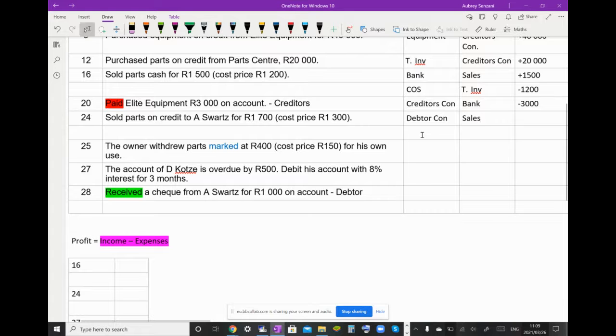And then we also said trading inventory is decreasing. So again, are we going to debit trading inventory or credit trading inventory? We're going to credit trading inventory, okay? And then we obviously are going to debit cost of sales.